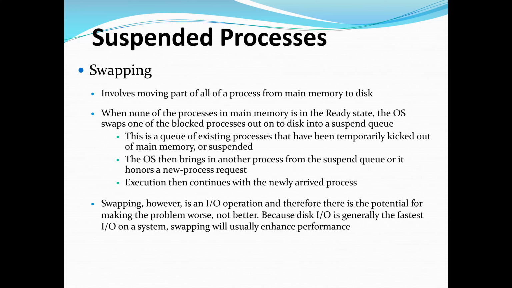With the use of swapping, as just described, one other state must be added to our process behavior: the suspend state. When all of the processes in main memory are in the blocked state, the OS can suspend one process by putting it in a suspend state.